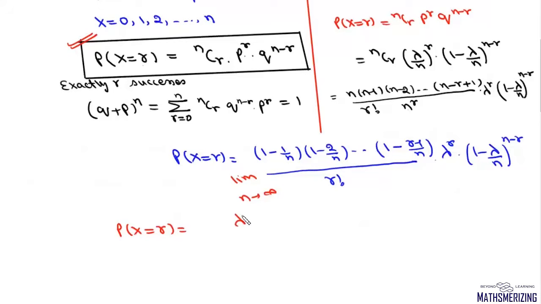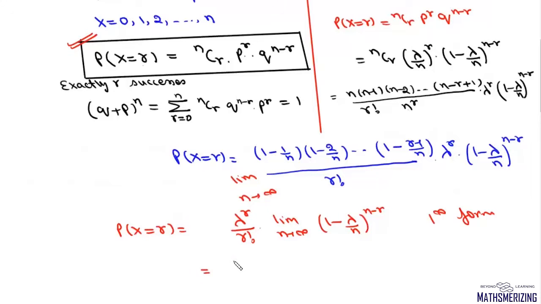So we can write this as lambda to the power r upon factorial r, and then we have this limit n tends to infinite, (1 minus lambda by n) to the power n minus r. Now we check its form. This is 1 to the power infinite form. And for 1 to the power infinite form, we can directly use this shortcut.